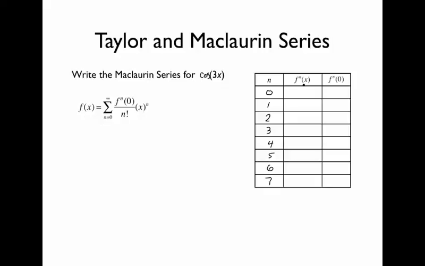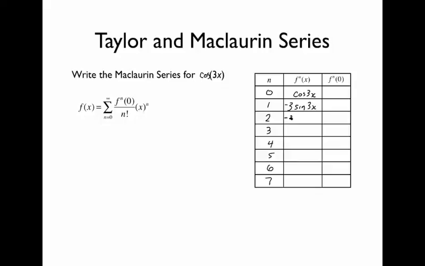So, what's the 0th derivative of the function? Cosine of 3x. Yeah, it's just cosine of 3x. I didn't leave enough room here. Okay. So if n equals 1, we want the first derivative of cosine 3x. Negative 3 sine 3x. Okay? And now what's the second derivative of that?